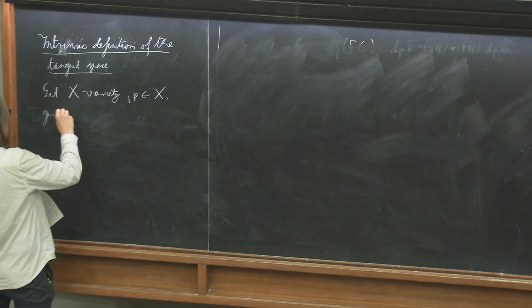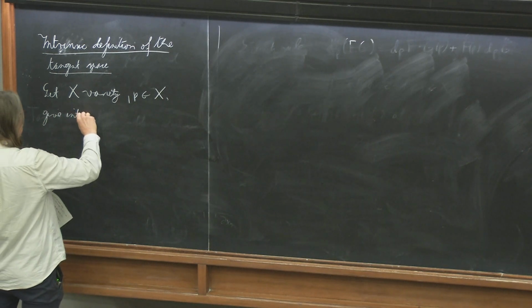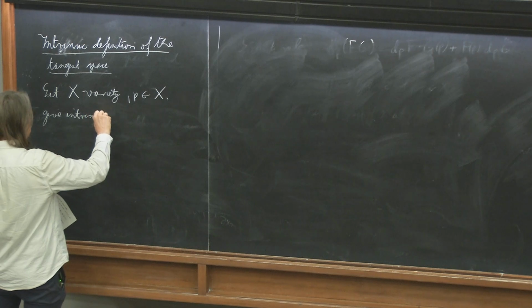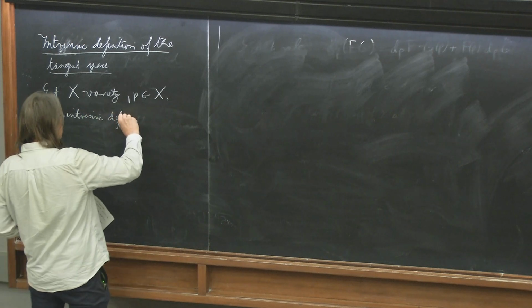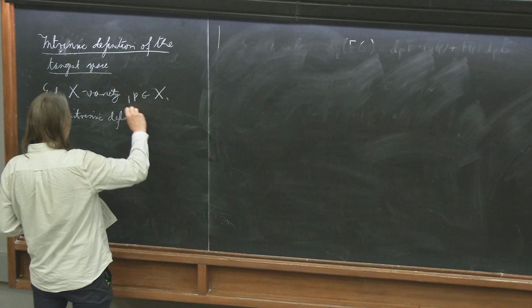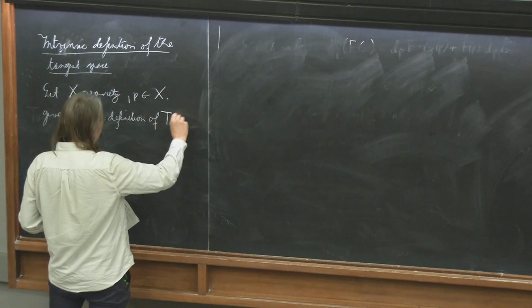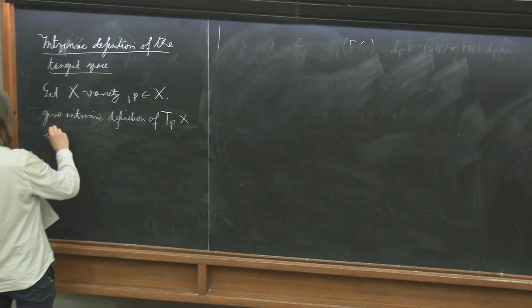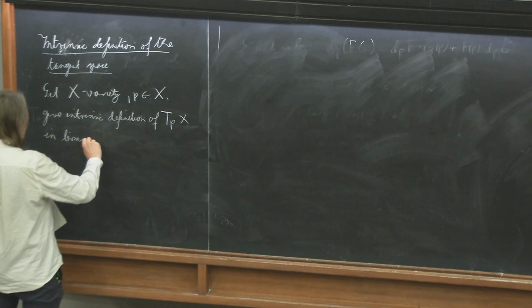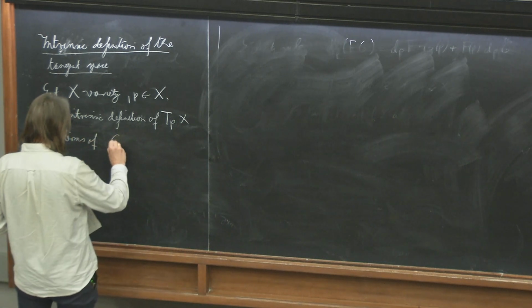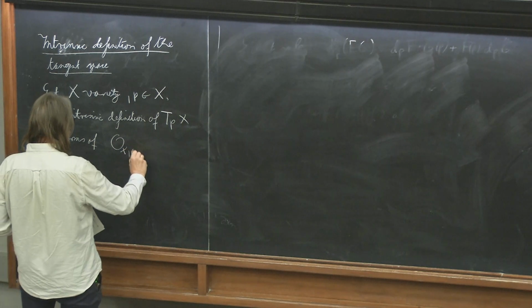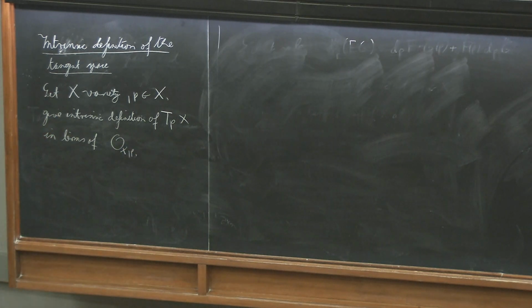Give an intrinsic definition of T_P X in terms of the local ring of X at P. Okay, and how does it go?